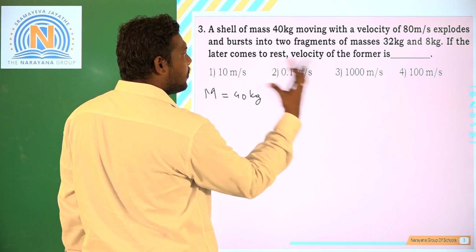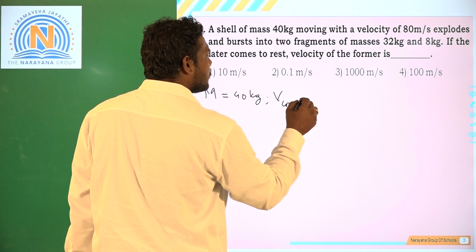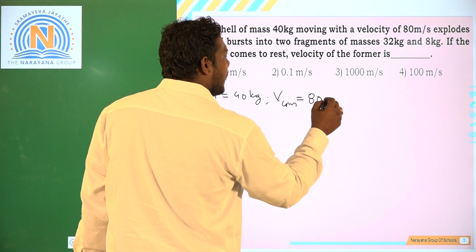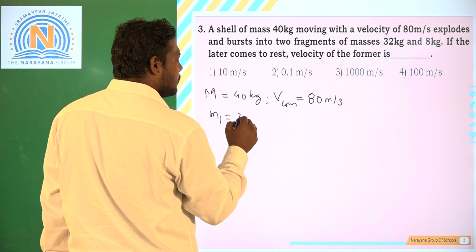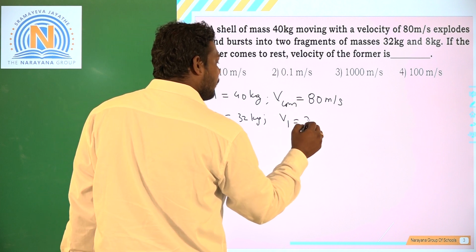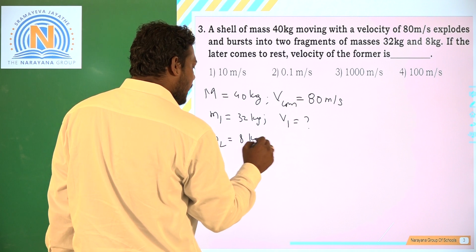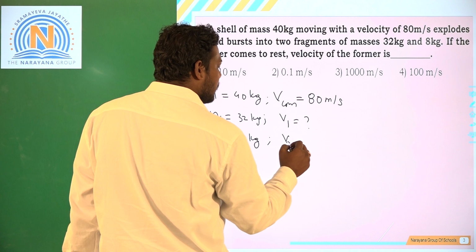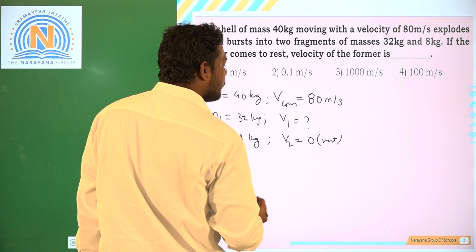As this shell is exploding, this will be the velocity of center of mass, 80 meters per second. Now M1 is equal to 32 kgs and V1 we need to find. M2 is equal to 8 kgs, V2 is 0 because it is at rest.